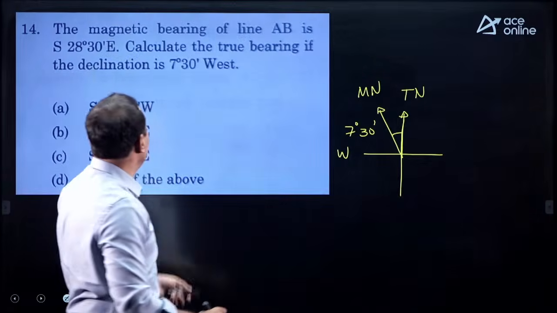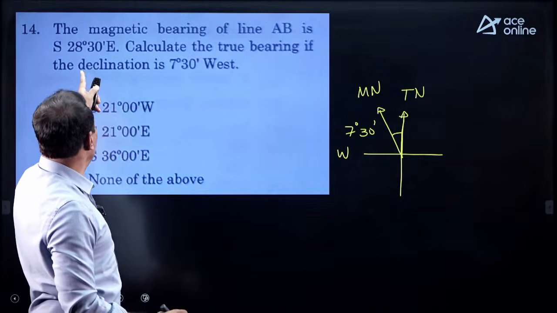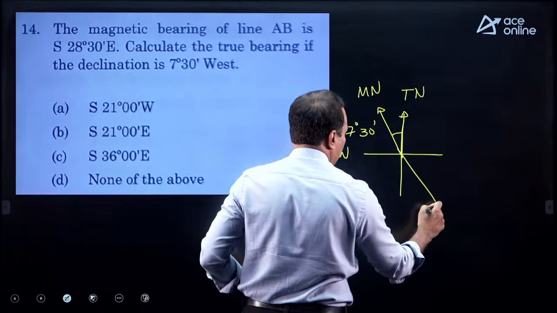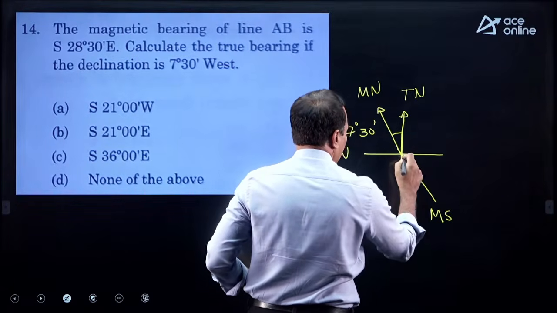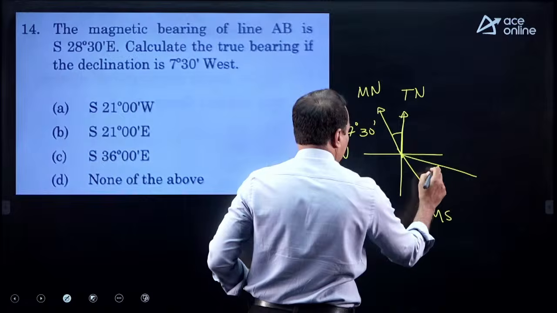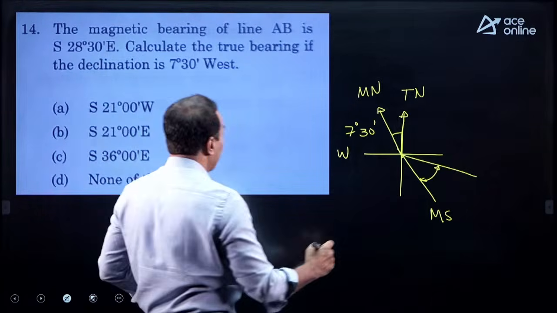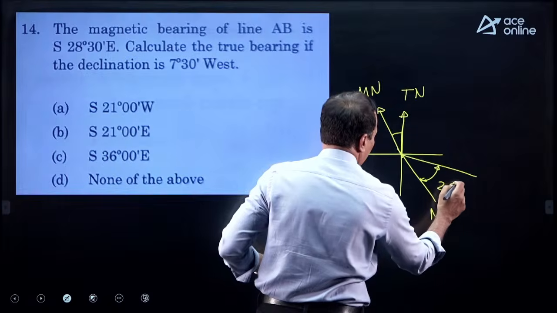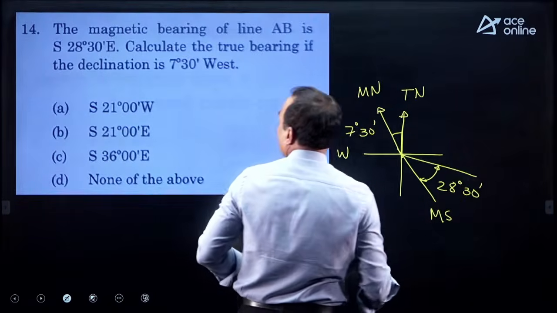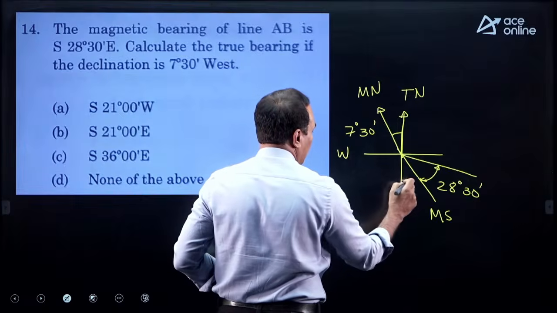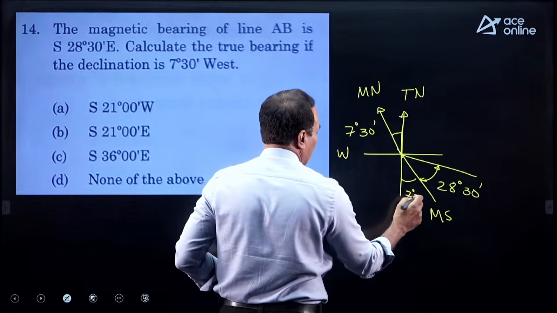Magnetic bearing is taken from the magnetic south to east. This is magnetic north, this is magnetic south, and the bearing of the line is given as south towards east, 28 degrees 30 minutes, and this angle is also 7 degree 30 minutes.